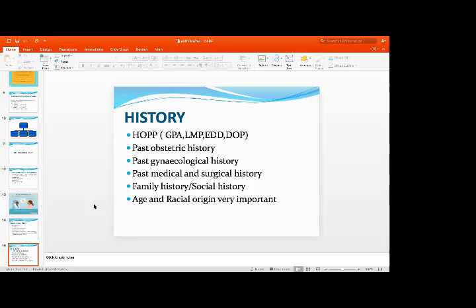Also, we will take family history regarding any complications, any multiple pregnancy and genetic abnormalities in the family, and social history. Age and racial origin are also very important because there are certain disorders which are linked with race, which have ethnic distribution.